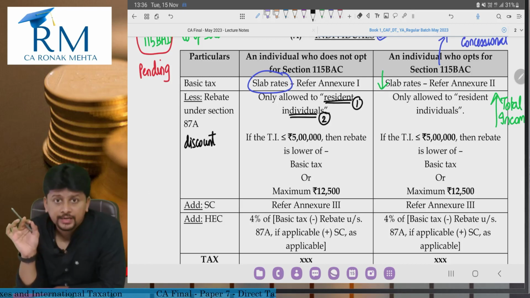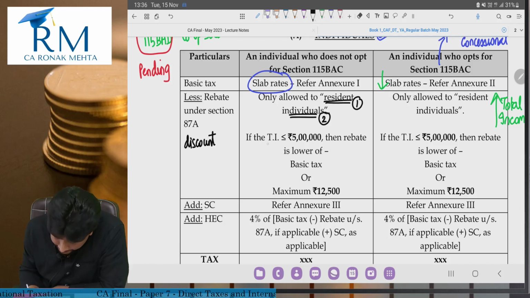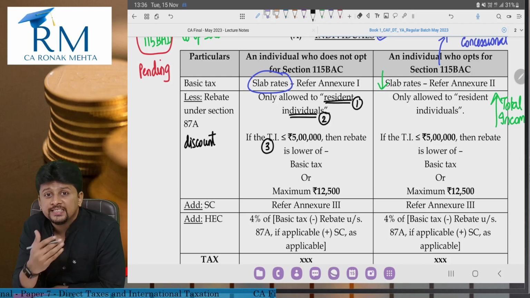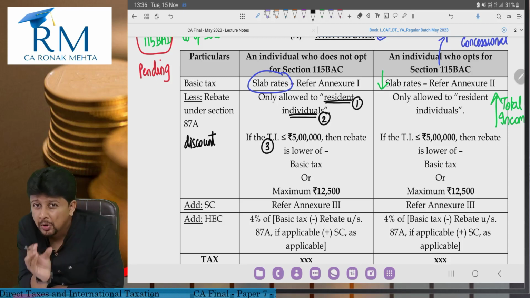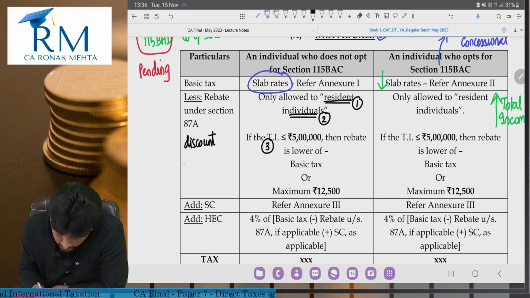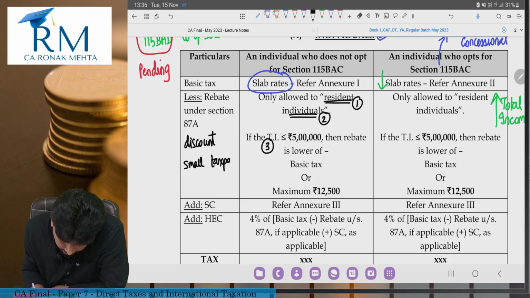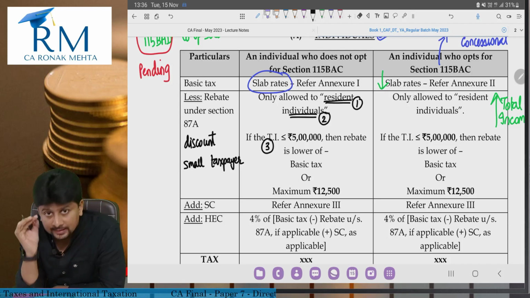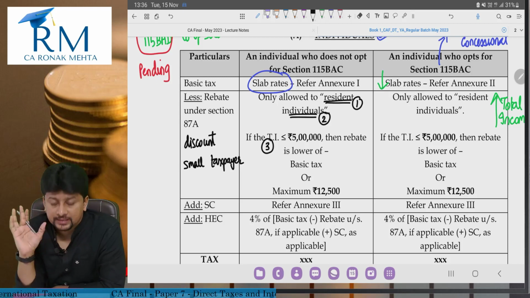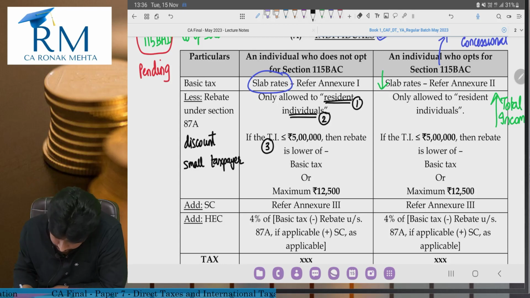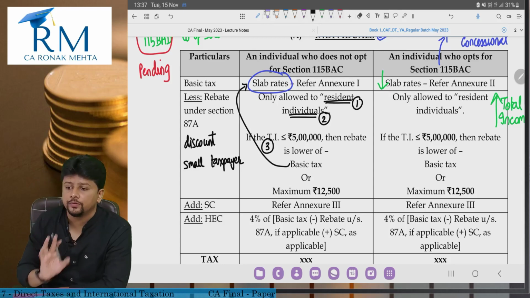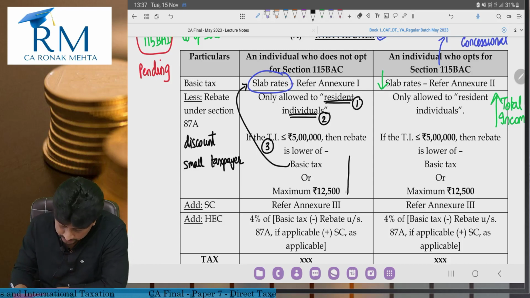If you are a resident individual and your total income does not exceed 5 lakhs, so you are a small taxpayer, your income is 5 lakh rupees or less, and you are a resident individual, then we will give you a discount: basic tax, or maximum rebate of 12,500, out of the two, whichever is less.